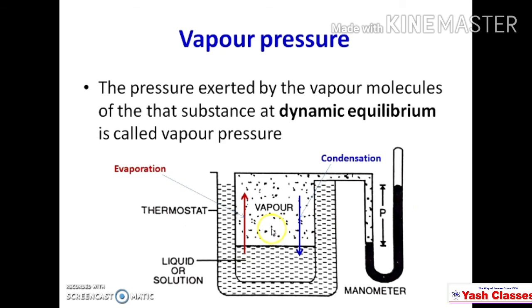But as the rate of evaporation increases, there will be a difference in the level of mercury in the 2 arms, and this difference is nothing but the vapor pressure. So slowly this vapor pressure increases, and at dynamic equilibrium it gets fixed; that is the vapor pressure.